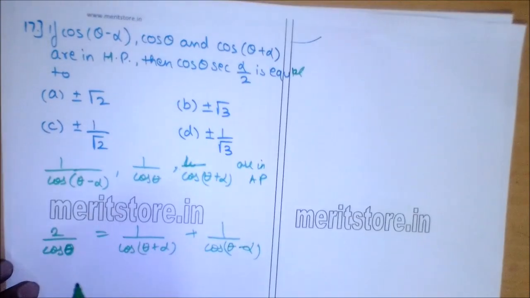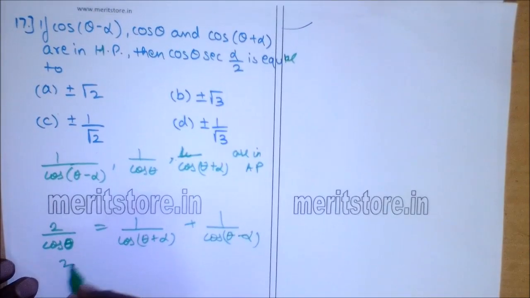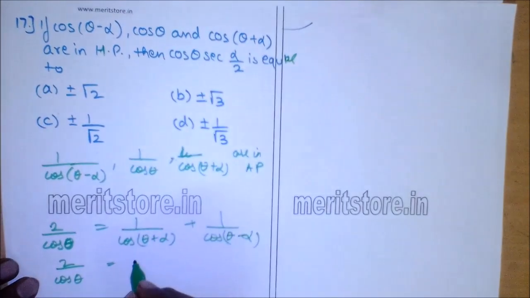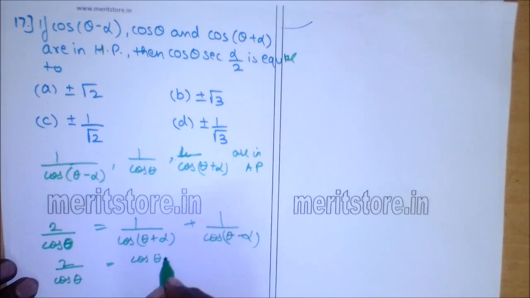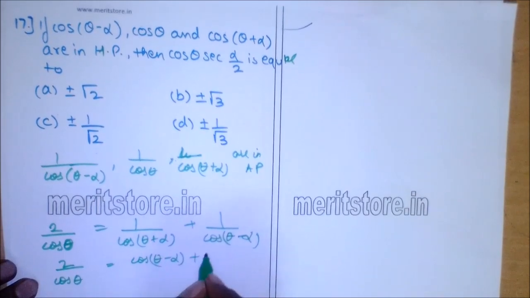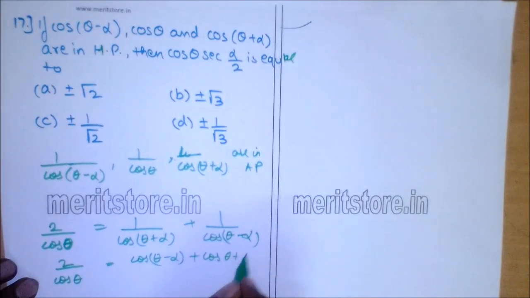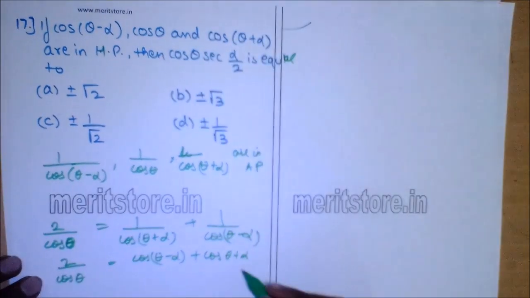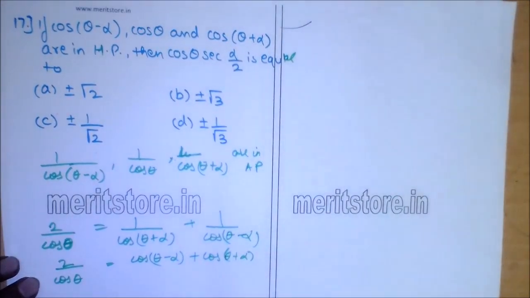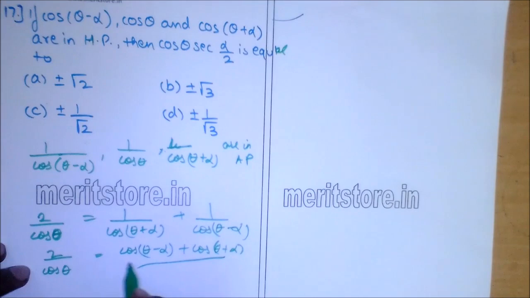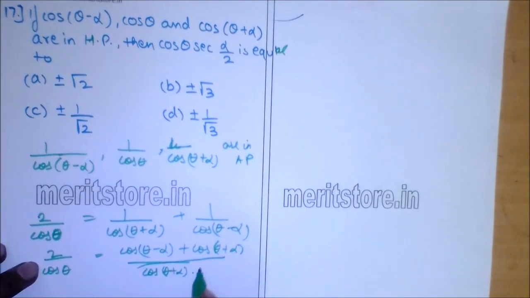So rearranging the terms, we get 2 upon cos theta, we cross multiplied, so we get cos of theta minus alpha plus cos of theta plus alpha upon cos of theta plus alpha into cos of theta minus alpha.